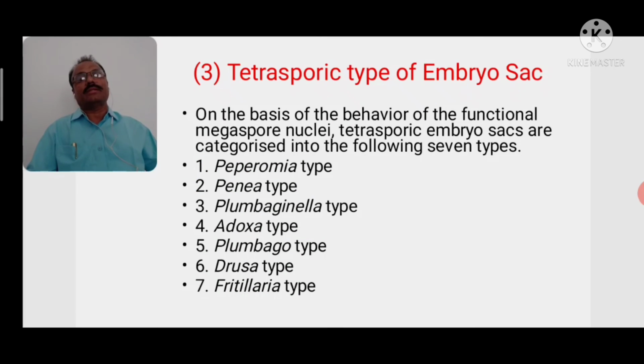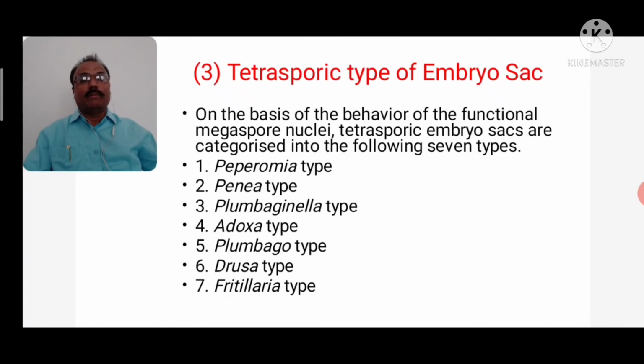Tetrasporic type of embryo sac. This is a unique type of embryo sac development in which all 4 megaspore nuclei are functional and involved in embryo sac development. On the basis of the behavior of the functional megaspore nuclei, tetrasporic embryo sacs are categorized into the following 7 types.